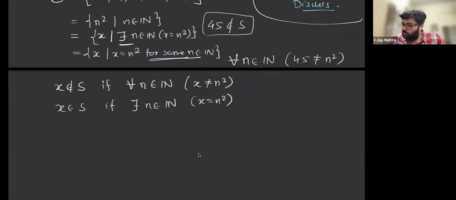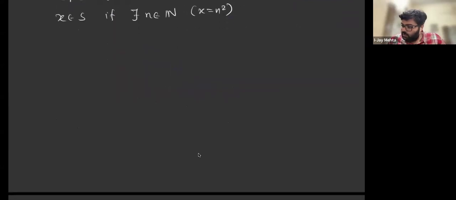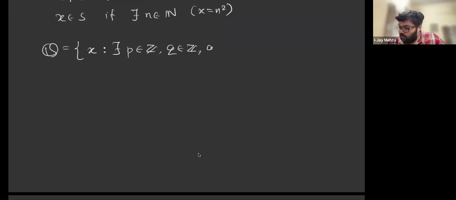Now coming to what we are discussing, the set of rational numbers. This is what we had written: x such that there exists some integer p and an integer q. When I write a comma, I say and. All these three conditions: q is non-zero, such that x is of the form p by q.